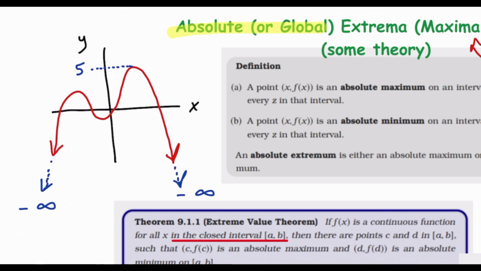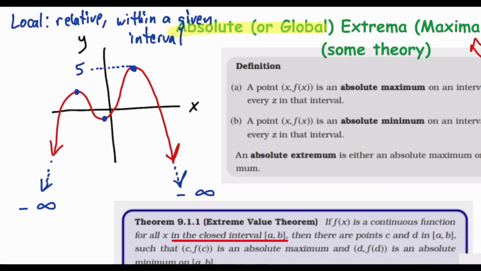What about local maximum and minimum? We know we have some turning points here, so let's identify them. We have some local maxima and a local minimum. What does it mean by local? Let's label that here. Local just means relative, or within a given interval.